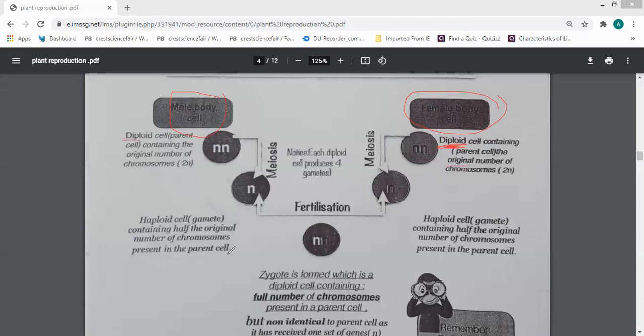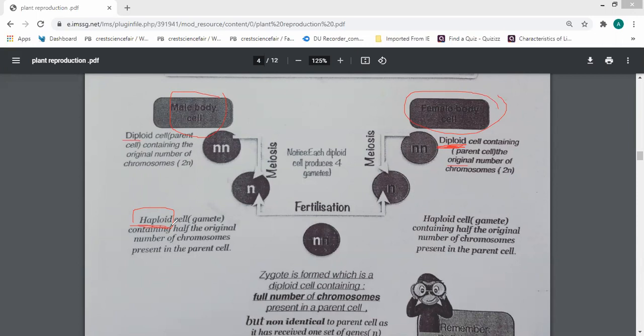But the cell which has half the number of chromosomes is called haploid. So we have two words, diploid and haploid. What is the difference between diploid and haploid? Diploid means the cell contains a total number of chromosomes, while haploid means the cell contains half the number of chromosomes.